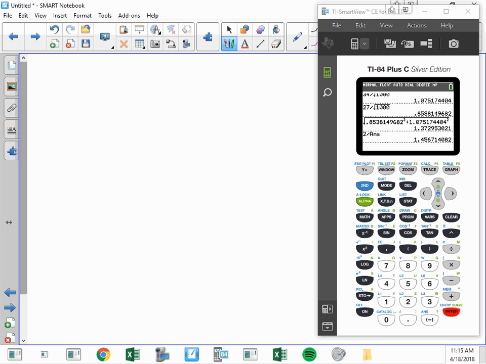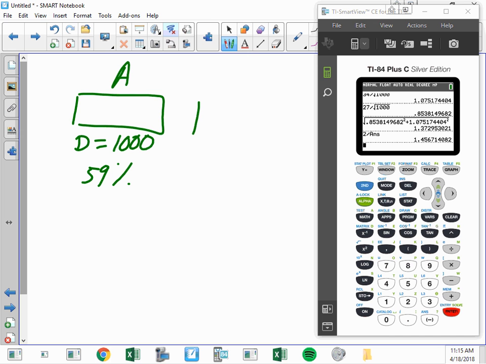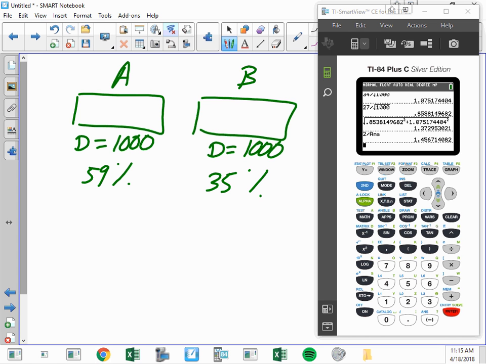Okay. So, in box A, which had 1,000 draws, we had a percentage of 59%. And then in box B, with also 1,000 draws, we had a 35%. We don't have an SD. What do we do? We can make an SD. How come?